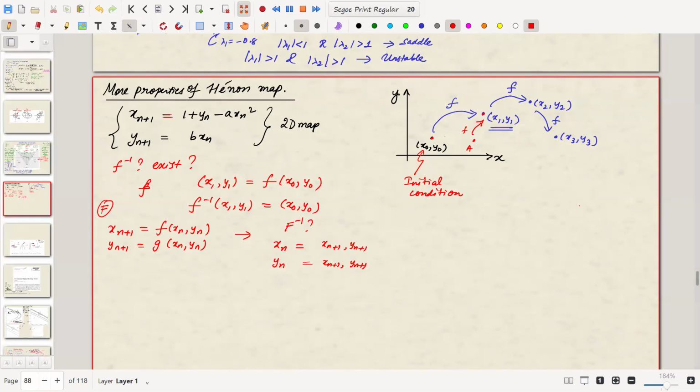Let us take, maybe this 2D example is a bit hard, this 1D example. x_{n+1} is R x_n into (1 minus x_n), our famous logistic map.